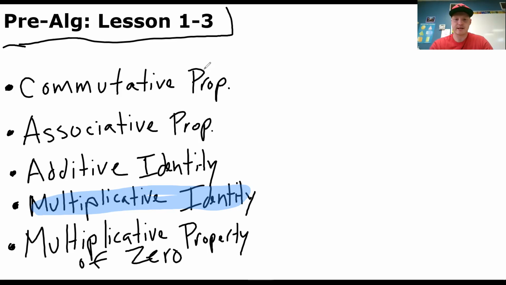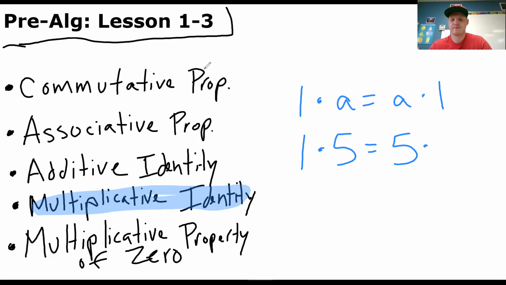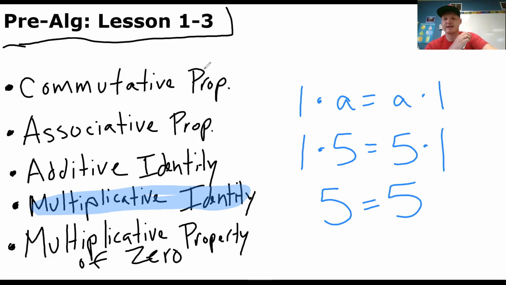So if I have 1 times A, that is going to equal A times 1. Whatever number you're using for A, that is going to be your answer. So if I substitute 5 for A, 5 is going to be my answer. 5 equals 5. Okay, so that's the multiplicative identity.